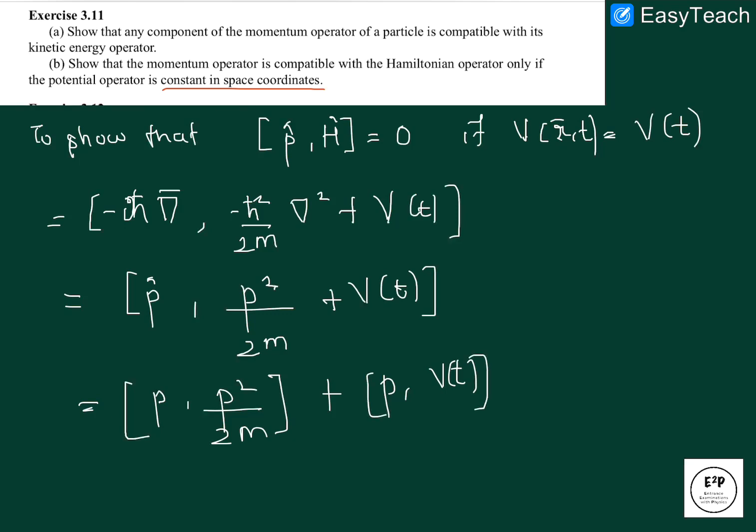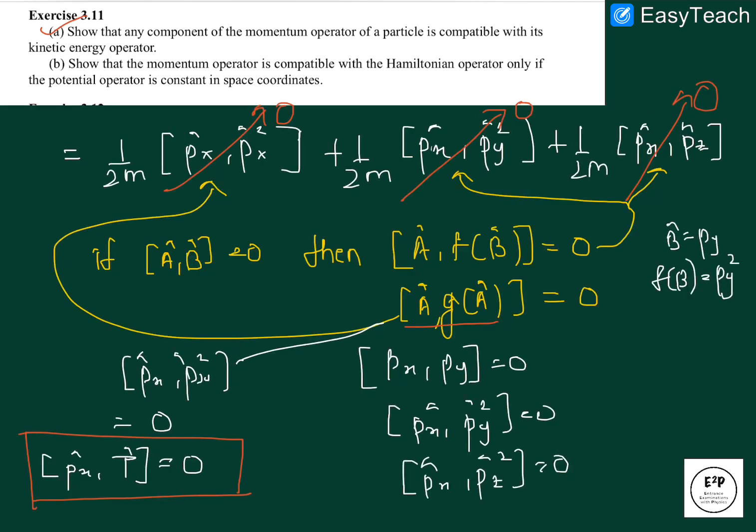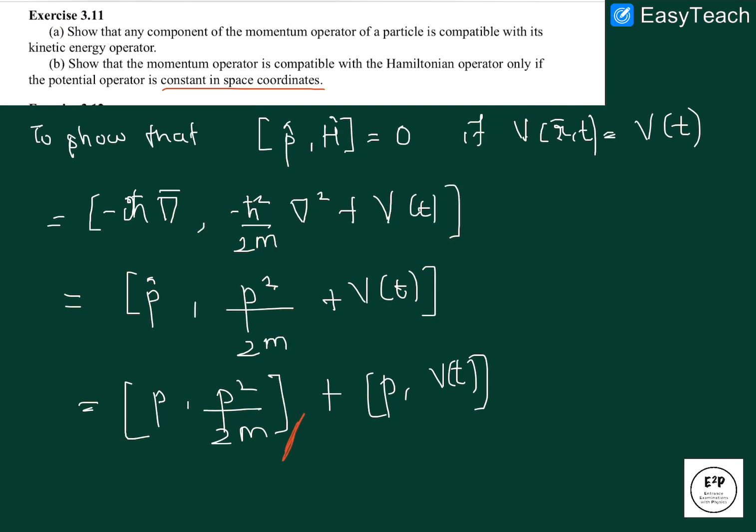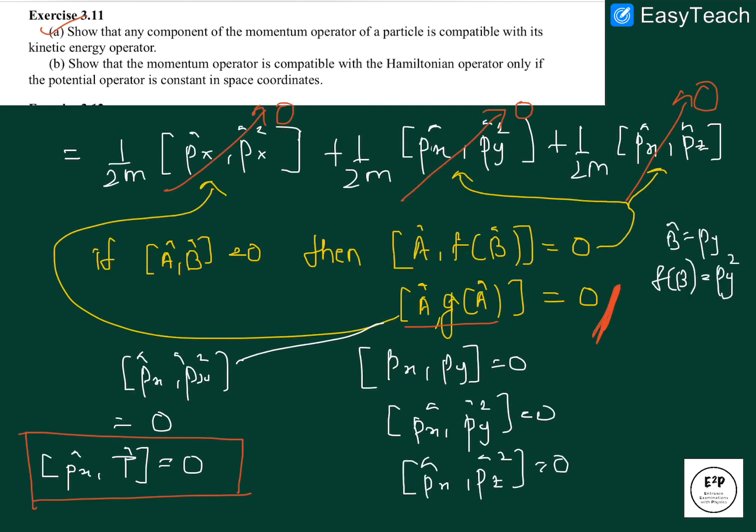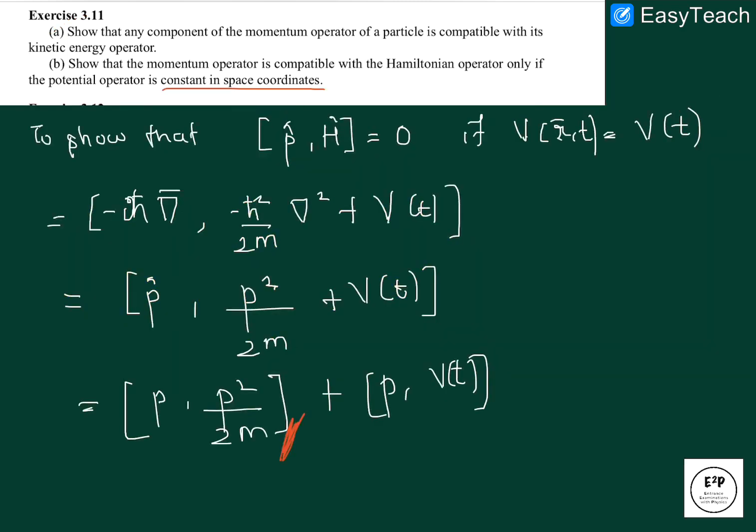Okay, now from the previous slide, using this particular equation over here, we have a commutator of A into some function of A that commutes to 0.